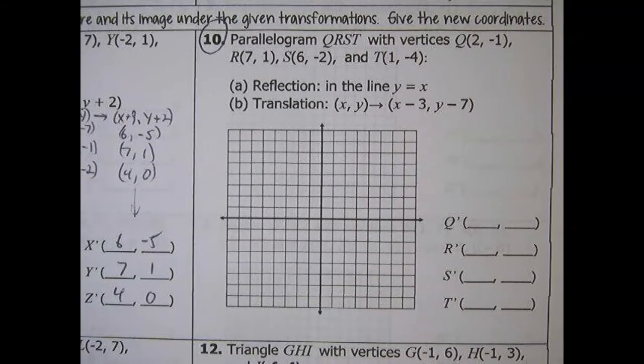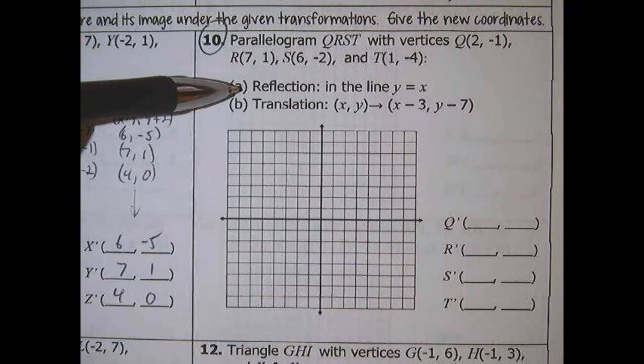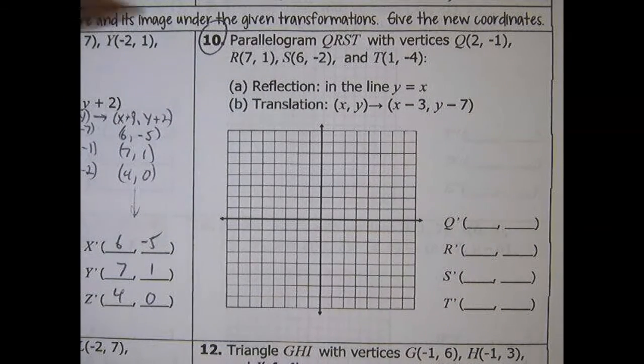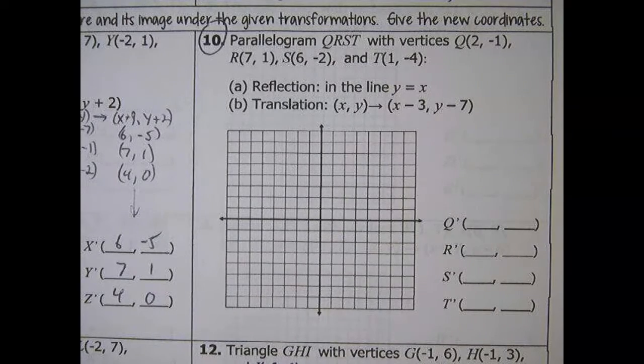So let's first refresh our memory on how we are going to reflect over the line y equals x. A quick reminder on how to know where to start is to take a look at the previous notes, which is lesson 5-2.